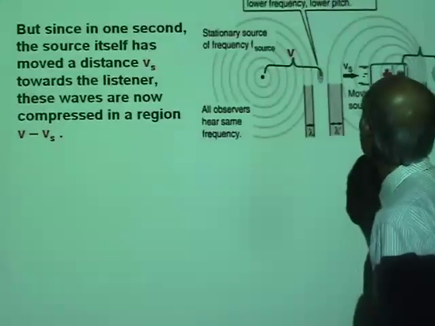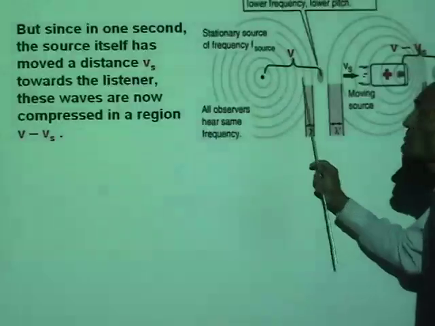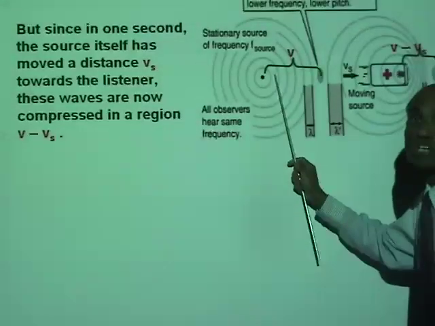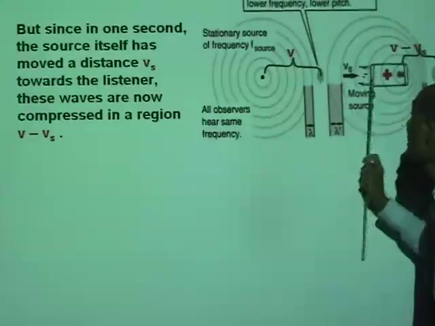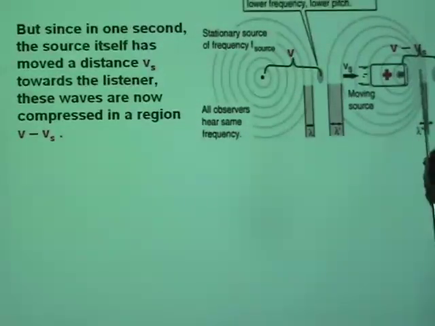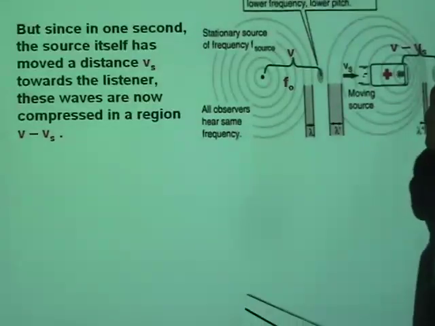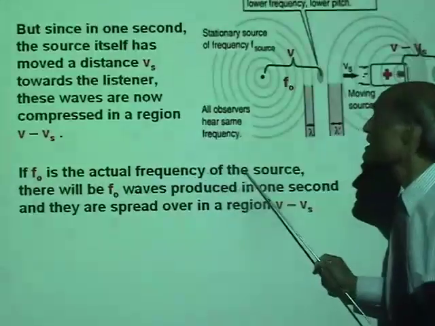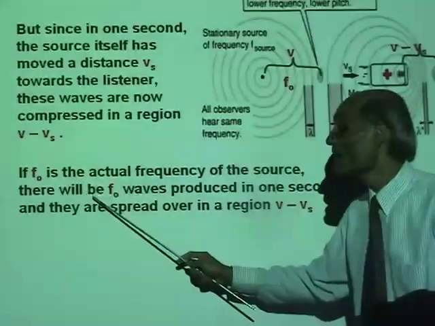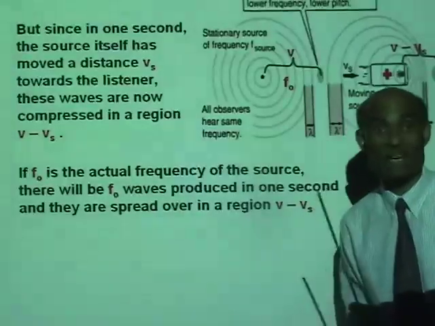Now this is v, this is v minus vs. So all these waves which were originally spread out in a distance v are now compressed in a distance v minus vs. Now, if f0 is the actual frequency of the source, there will be f0 waves produced in 1 second.